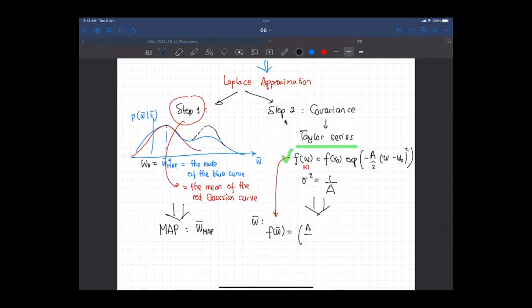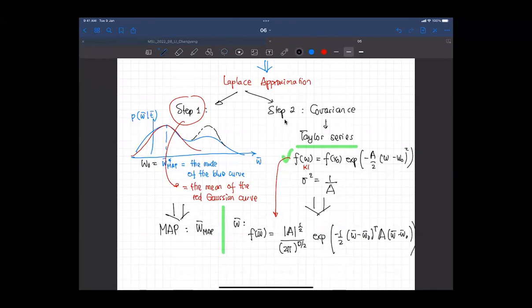That is the determinant of A to the power of half, divided by 2 pi to the power of M divided by 2, times the exponential function of minus one half, W minus W_MAP or W0, transpose, A, W minus W0.